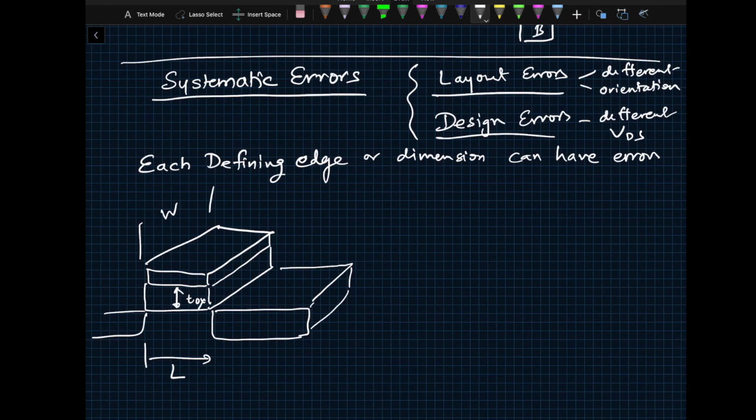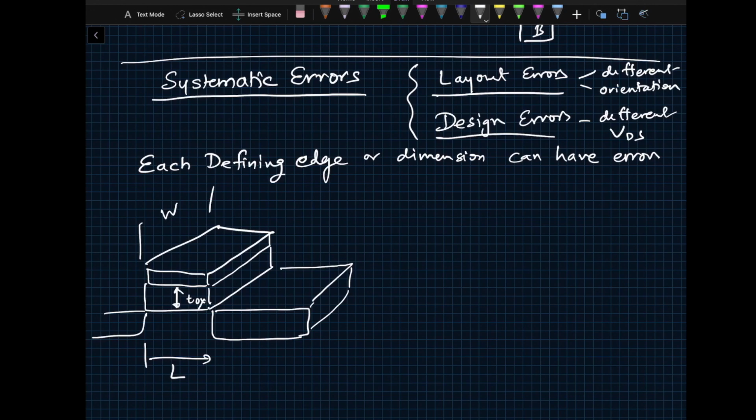So let's take a couple of examples for your understanding, and then it will be clear why I'm telling you about making unit cells rather than having transistors by just stretching their widths. You should always use a unit cell, and then you stamp that unit cell multiple times, and you lay it out in such a way that you get the best matching between the two transistors.